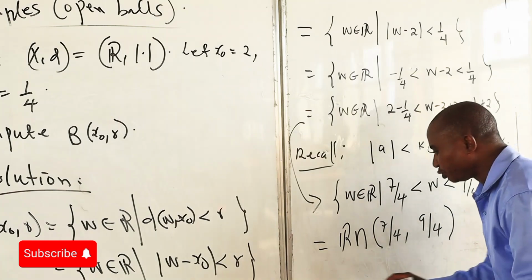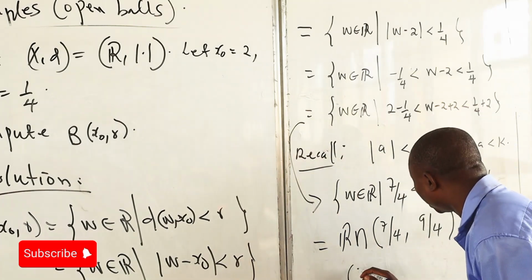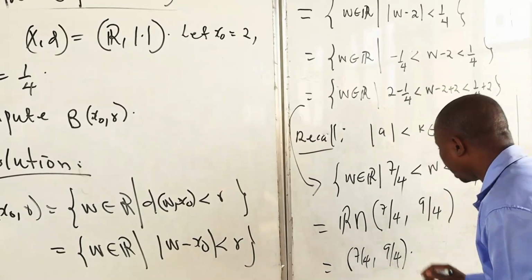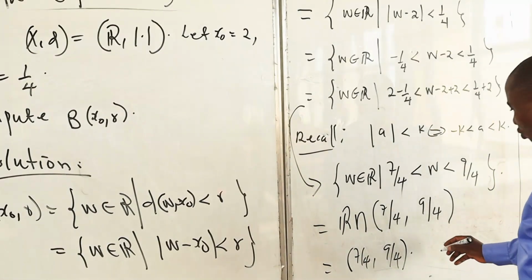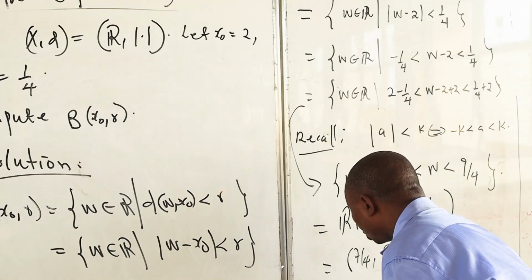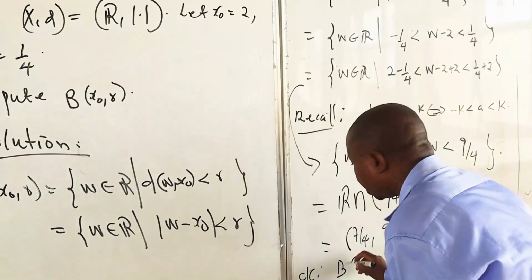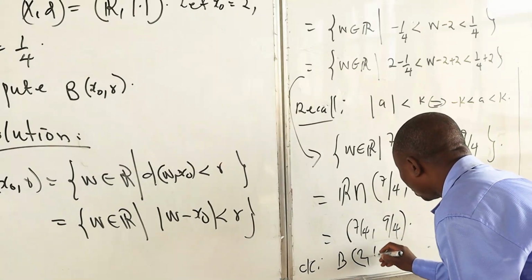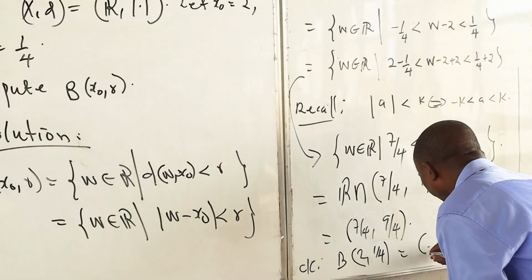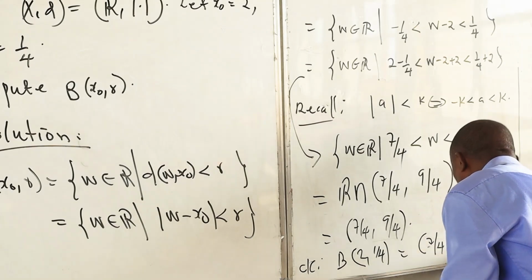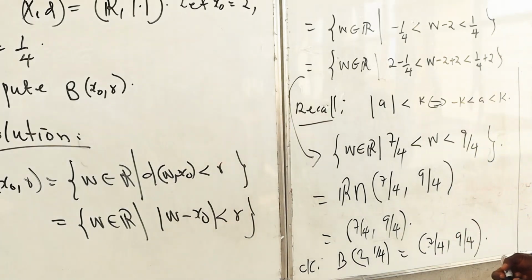So this intersection is precisely the open and bounded interval (7/4, 9/4). Hence, our conclusion is that the ball with center 2 and radius 1/4 is precisely the interval (7/4, 9/4). This is what we have.